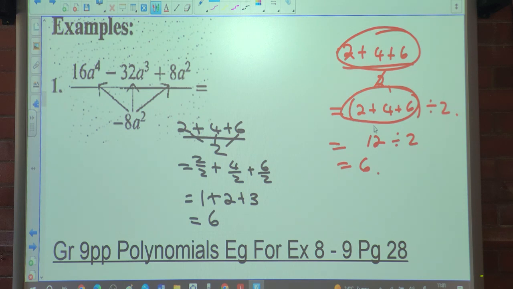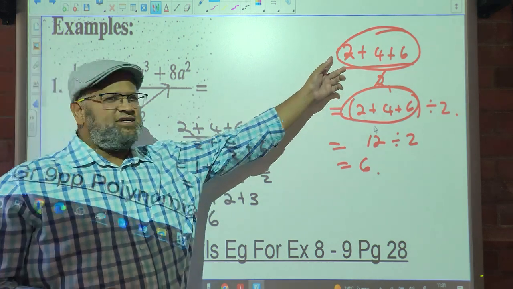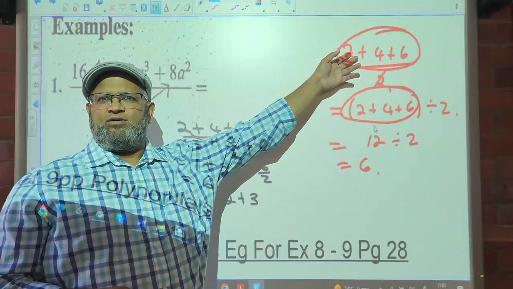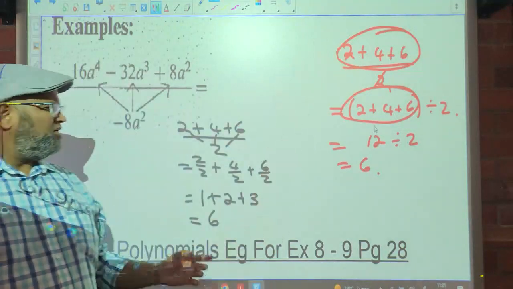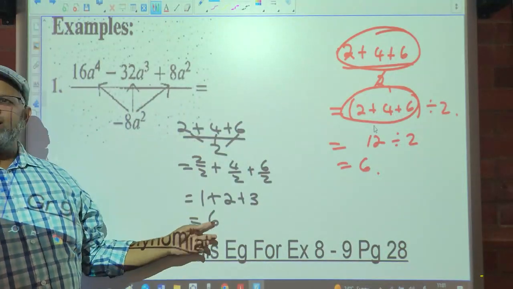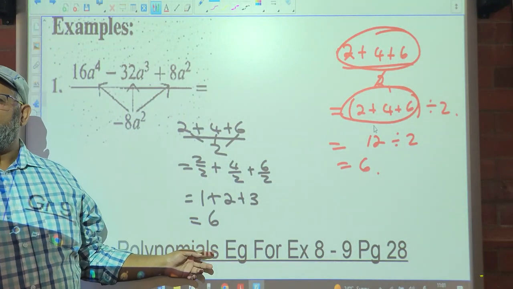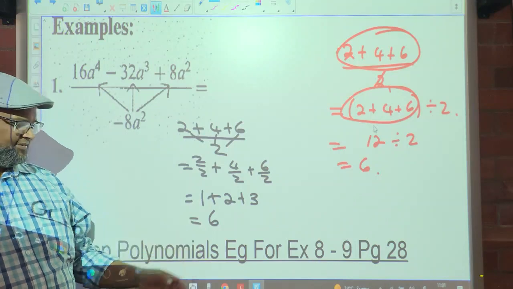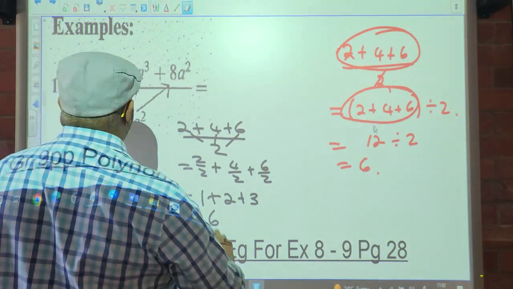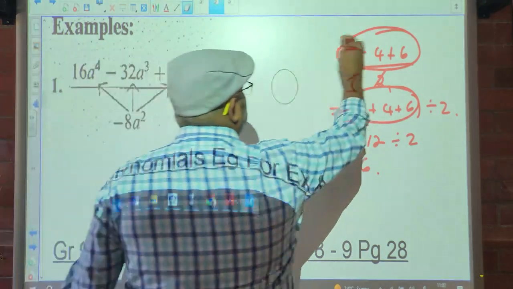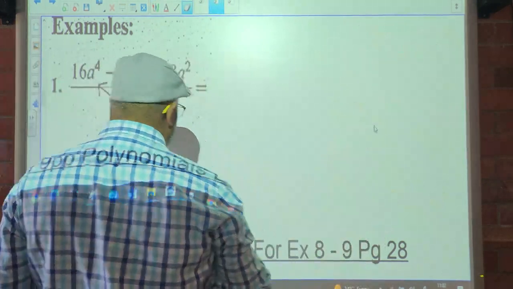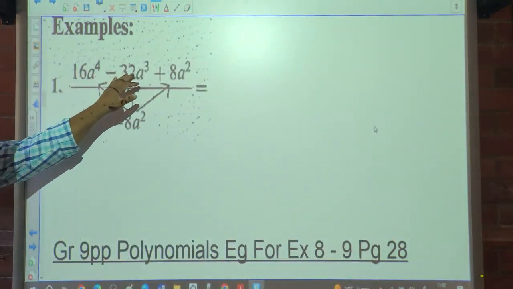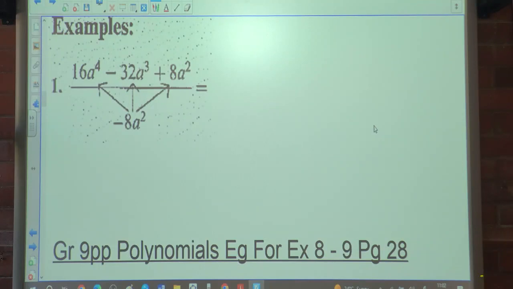I can add first, or I can divide first, whichever one you want to do. But look at the sum that we have here as example 1. Can we add these terms on top first? No. Why not? They're unlike terms.